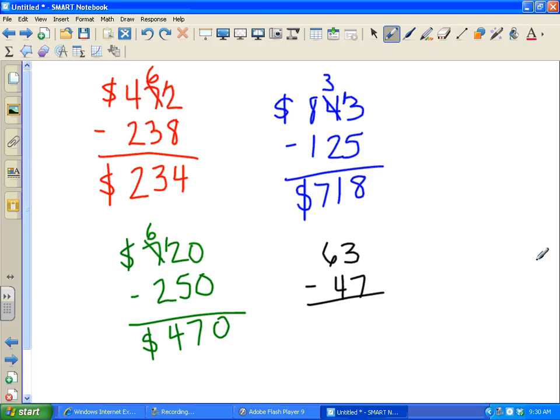Can you do that? No. So what do you have to do? Go to the neighbor. That's right. He becomes a 5. 3 becomes a... No, I don't like the way you put that on top. Hang on. I'll erase it for you. Where should it go? Right beside it. Good. Now, 13 minus 7.